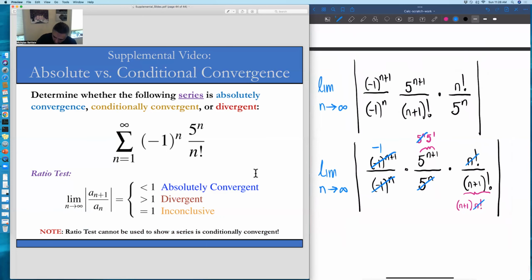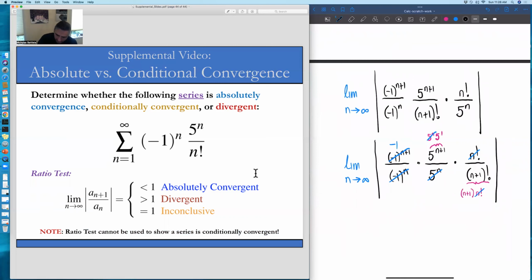So we're just left with an n+1 in that denominator. So let's just rewrite everything that we have. We have the limit as n goes to infinity of the absolute value. We have this -1. We next have times 5. And then finally, from this last term, we just have that n+1 now in the denominator.